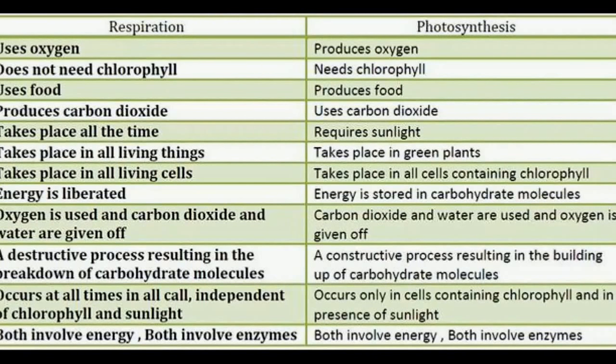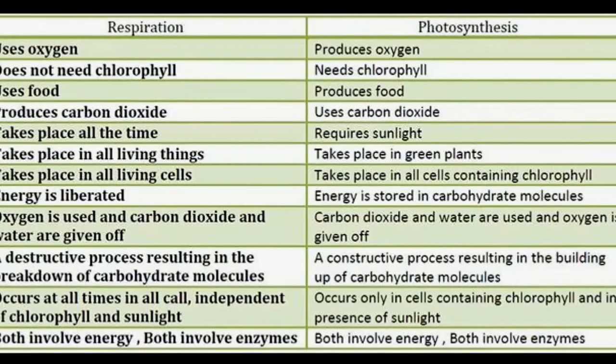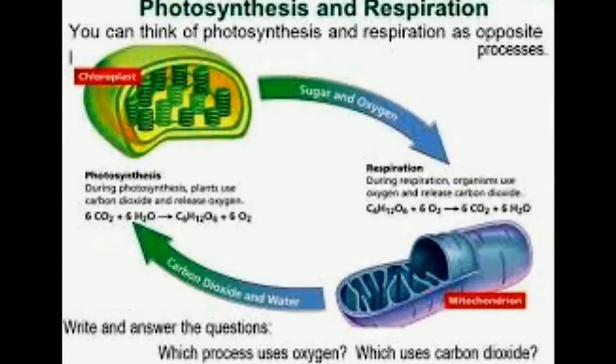Chlorophyll is not required for respiration. Chlorophyll is required for photosynthesis. Respiration uses food. Photosynthesis produces food. Chloroplast is the cell organelle in which photosynthesis takes place. Mitochondria is the cell organelle which is required for respiration.